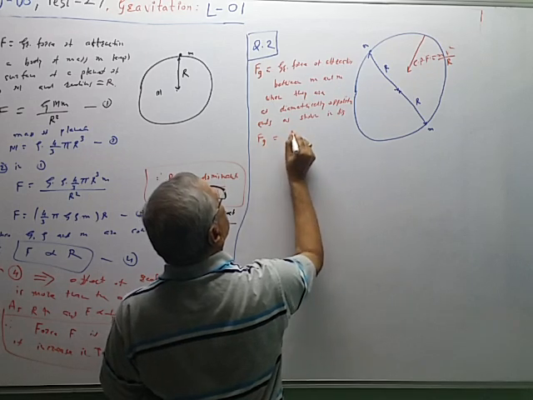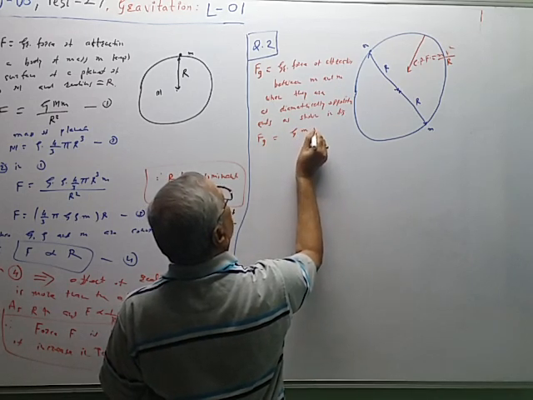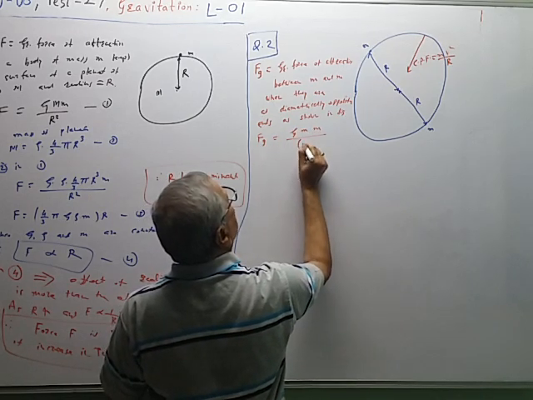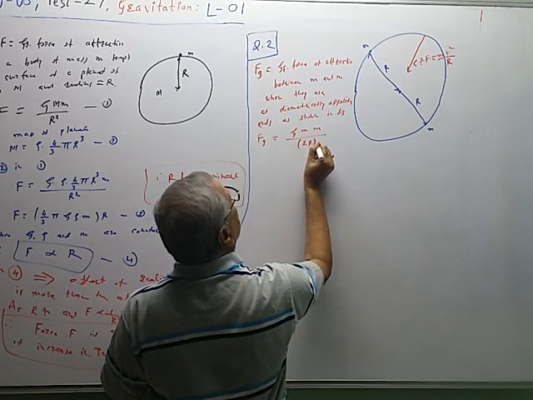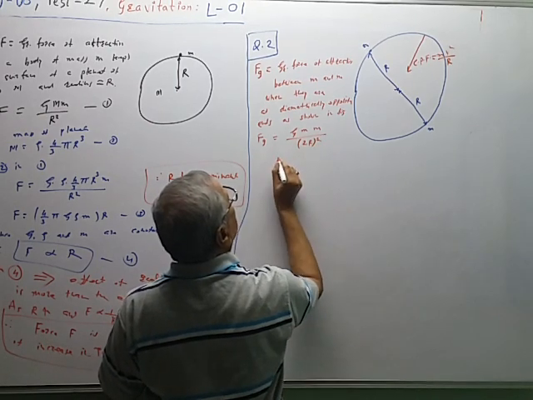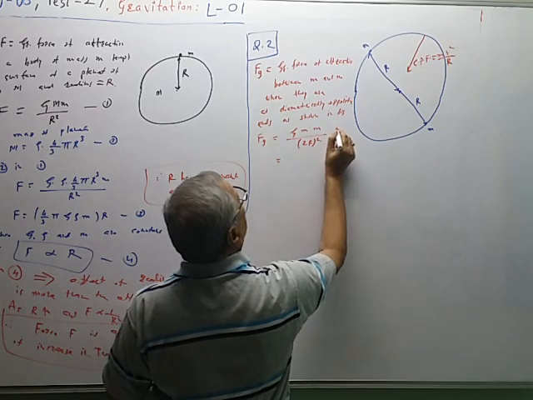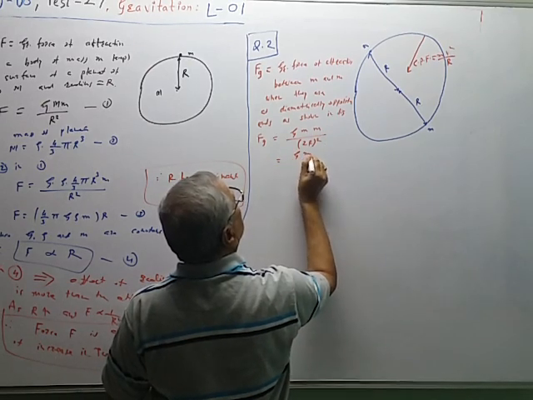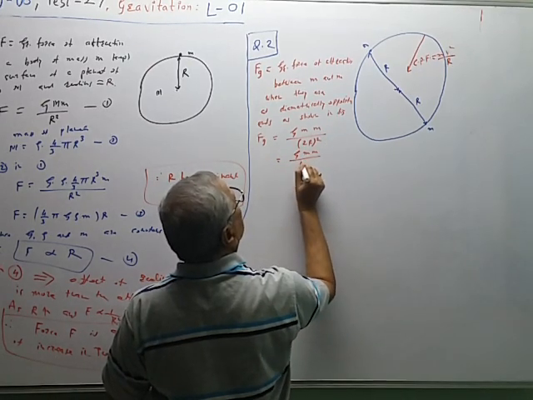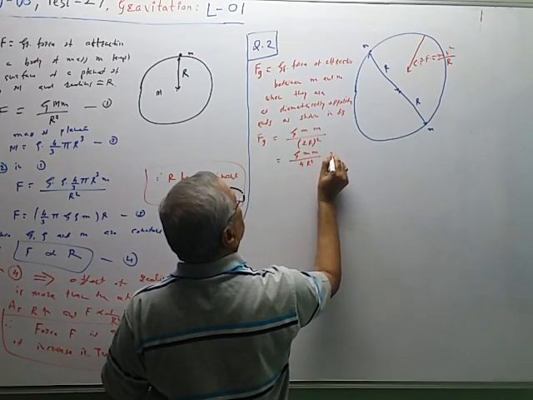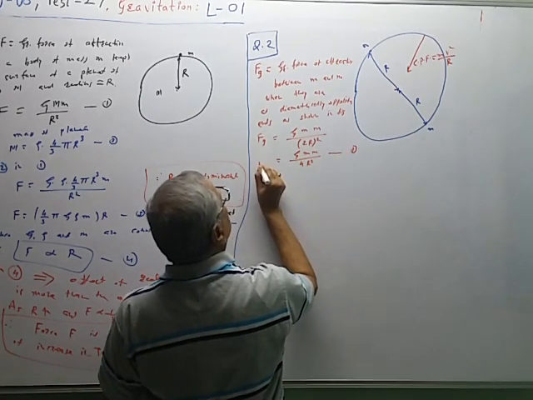And therefore Fg is equal to G m m upon 2 times r bracket square. So Fg is G m m upon 4r square. This is equation 1.